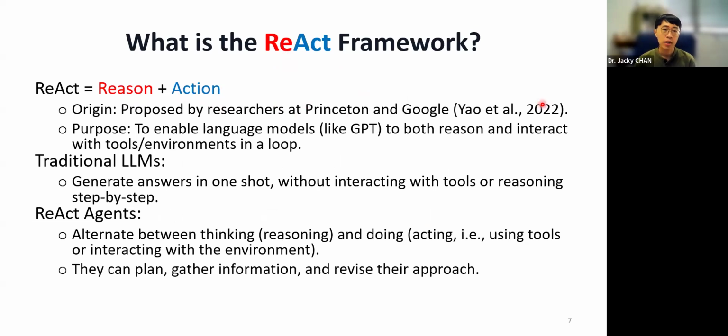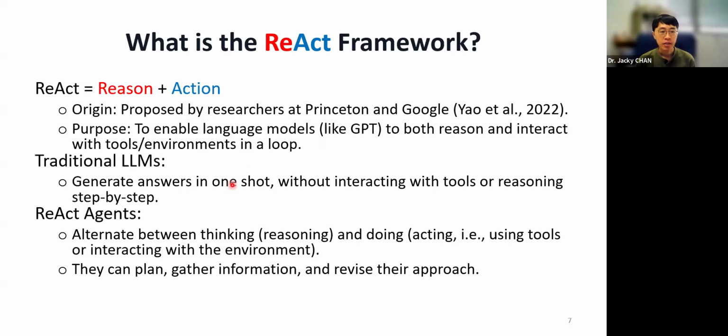The purpose is the same as AI agents: we're trying to extend the ability of the LLM so that it can interact with tools and work better in reasoning. Because a traditional LLM can only generate the answer in one shot without the help of tools, so there are limitations on what the LLM can do.